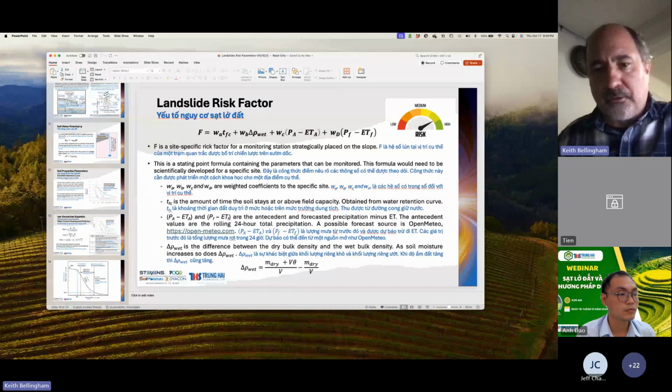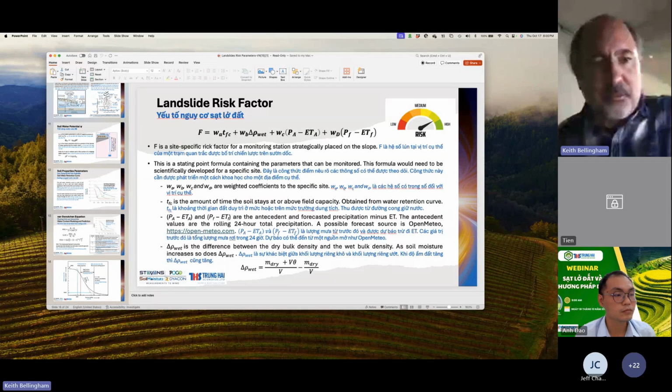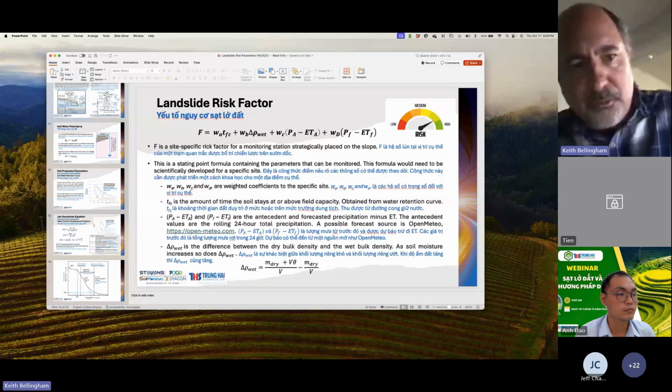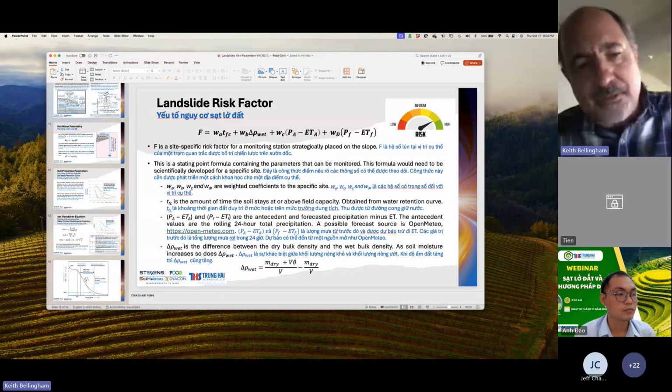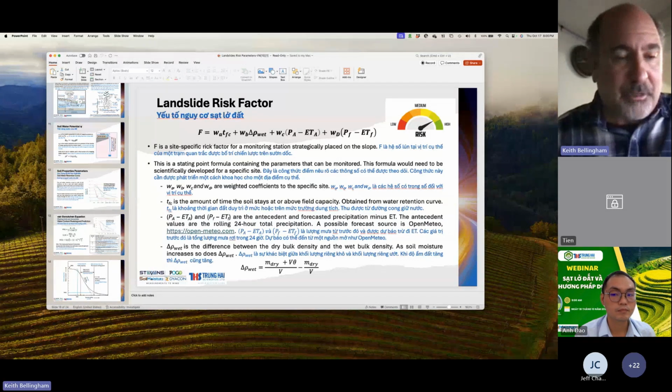When I've done machine learning regressions, about 10 points of training data are typically needed, and for landslides, the data associated with when a landslide occurs might not be available.